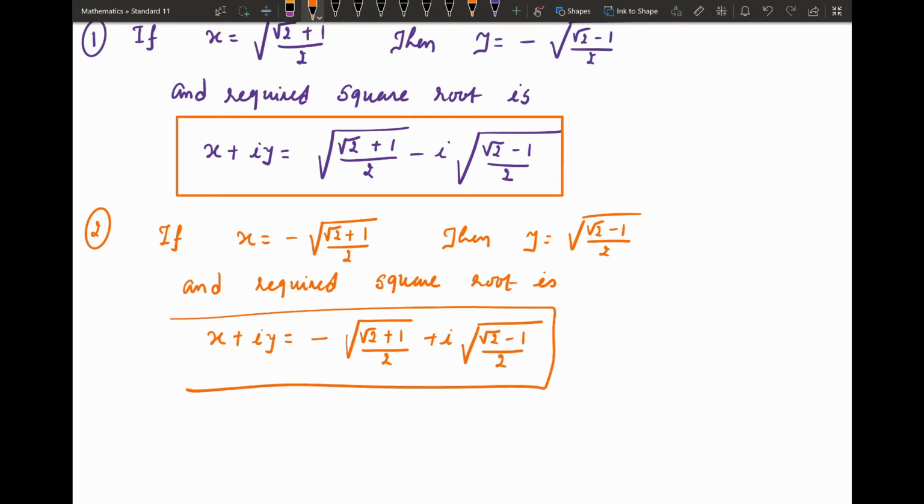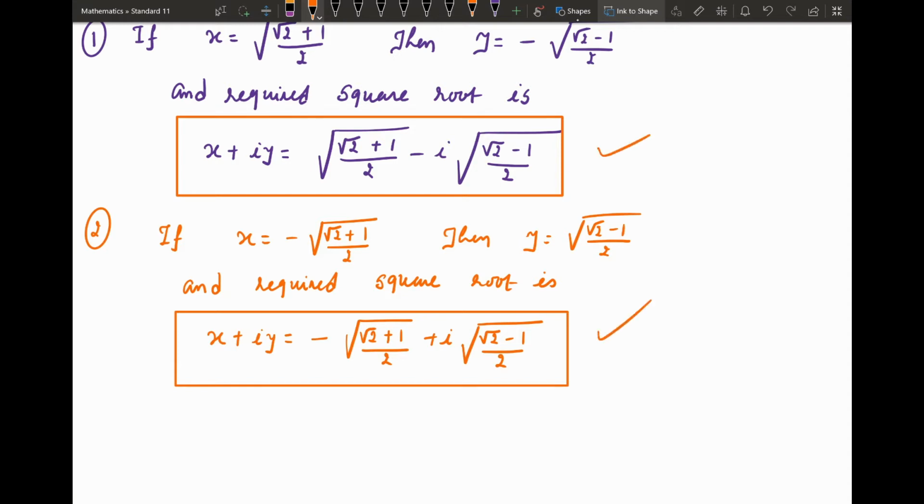So second possible square root. Thus we have two square roots. These are the required square roots.